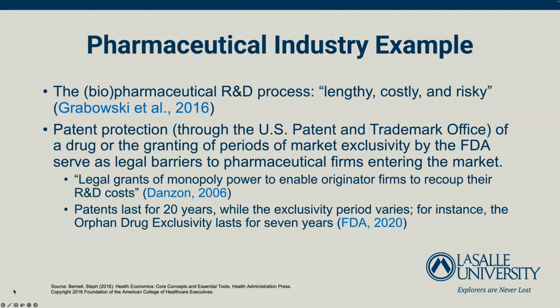So Patricia Danzon wrote that these are essentially legal grants of monopoly power to enable originator firms to recoup their R&D costs, and these patents can last for almost 20 years, while the exclusivity can vary. For instance, the FDA's orphan drug exclusivity lasts for 7 years, and those are essentially incentives for firms to incur the cost and go through this lengthy, costly, and risky R&D process to bring new drugs to market.